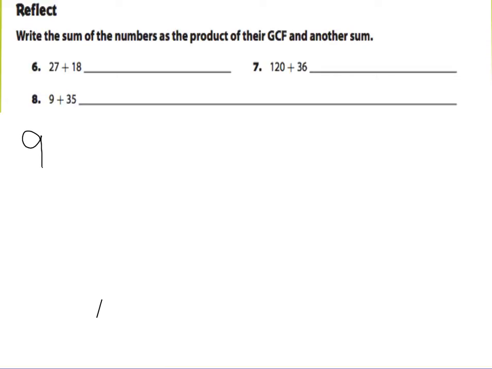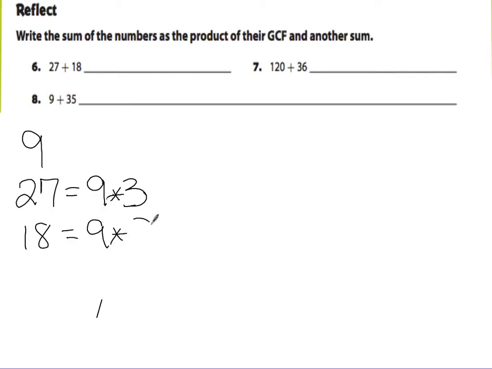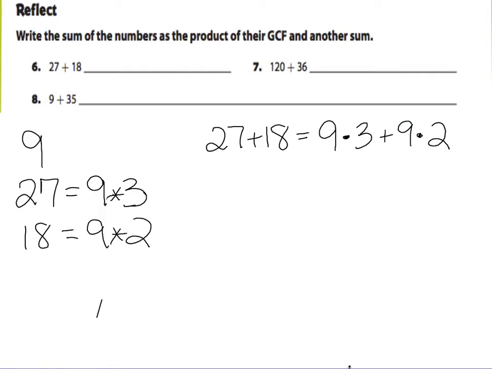Okay, and I know that if I take 27, it's the same thing as saying 9 times 3. And 18 is the same thing as saying 9 times 2. So what I can do is say 27 plus 18 is the same thing as 9 times 3 plus 9 times 2.